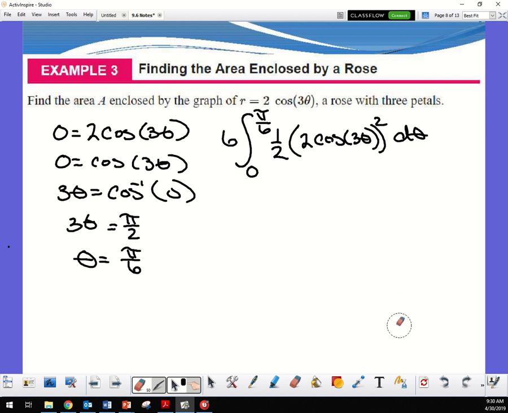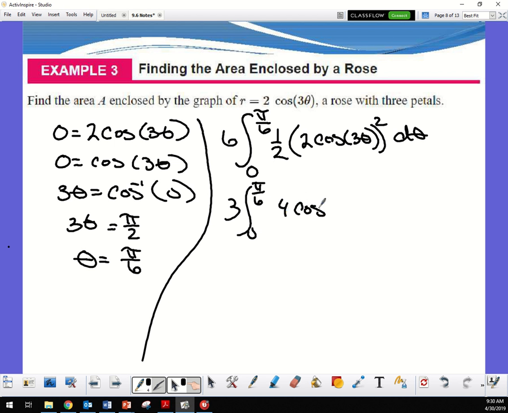All right, so going through the problem. I'm going to have 3 times the integral from 0 to pi over 6, and that's going to be 4 times cosine squared of 3 theta d theta.